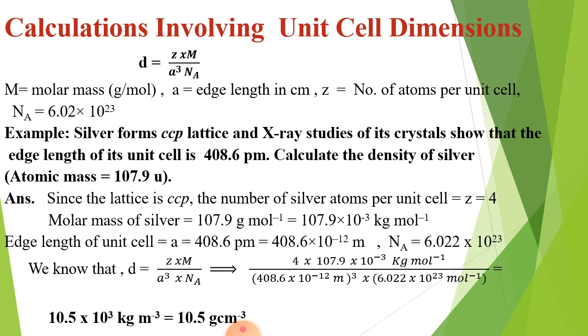M is the molar mass or atomic mass in gram per mole. a is the edge length in centimeter, maybe picometer, maybe meter. Z is the number of atoms per unit cell. For SCC, Z equals 1, for BCC, Z equals 2, and for FCC, Z equals 4. Na is known as the Avogadro number, and the value is 6.02 into 10 to the power 23.